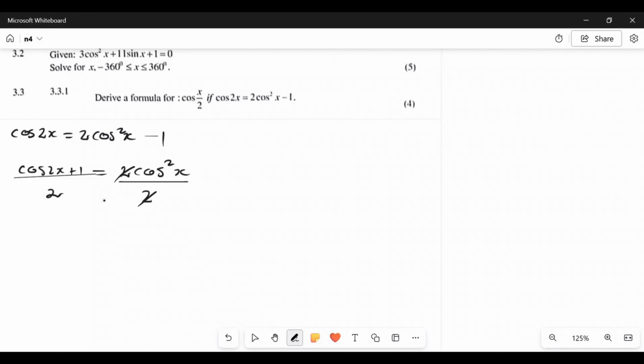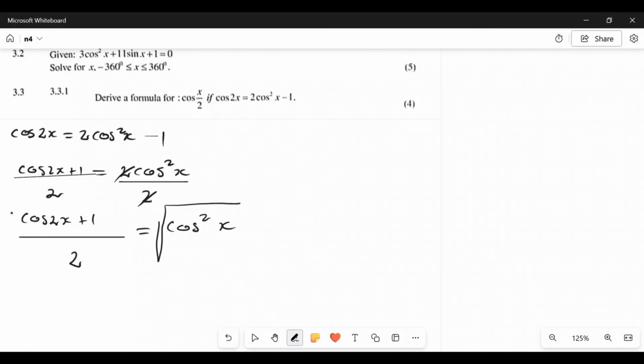If we divide by 2 throughout here, we'll be left with the following. This 2 and that 2 will divide each other. So on the left-hand side, we're going to be left with cos 2x plus 1 divided by 2. Let us not forget that. On the other side, we're going to be left with cos squared x. Then from here, we can take the square root to remove the square. Let's square root both sides.